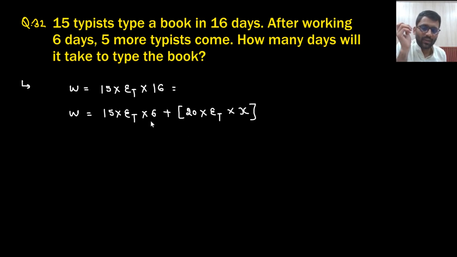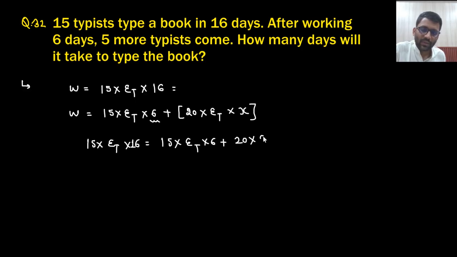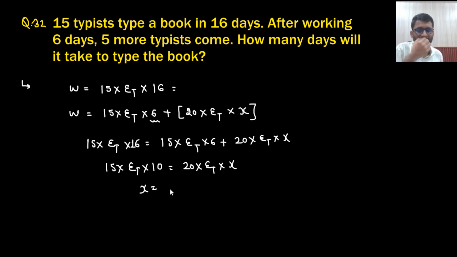So 15 into ET into 16 is equal to 15 into ET into 6 plus 20 into ET into x. So this would be 15 into ET into 10 equal to 20 into ET into x. So ET and ET get cancelled. So x would be 7.5, right?